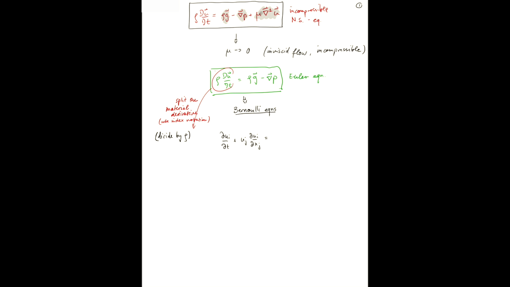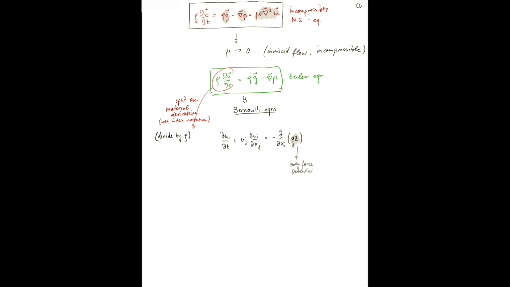And the body force can be written in a slightly different way, and I'll show you in a second how we get to this. We write it as d by dxi of gz. And this thing here is a body force potential.